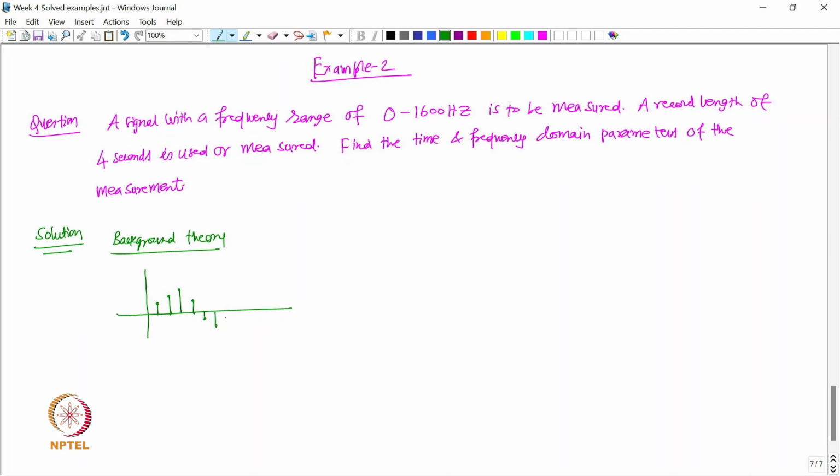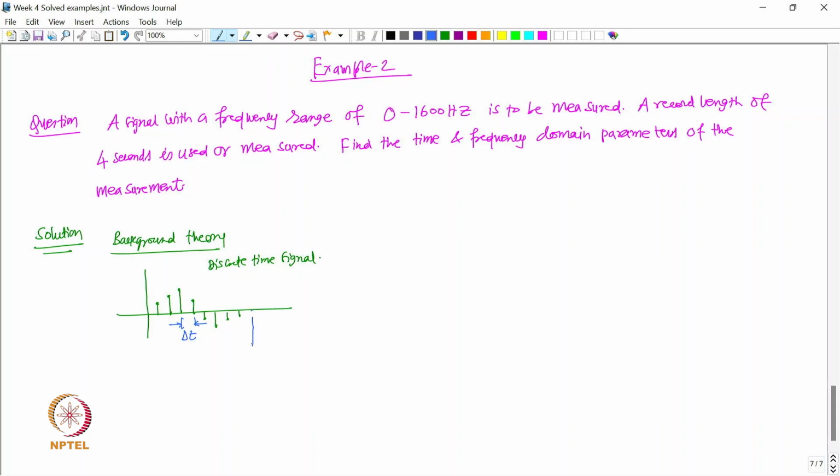If I am taking discretization, then this is the discrete time signal, correct. And here the time resolution is called delta t, correct, and then we have the record length.